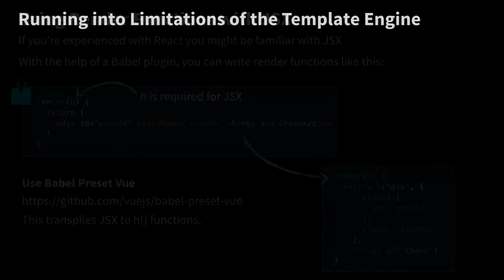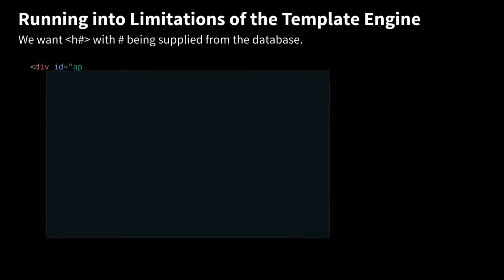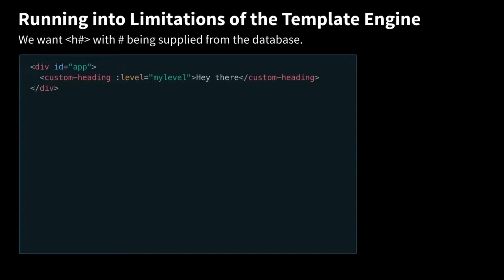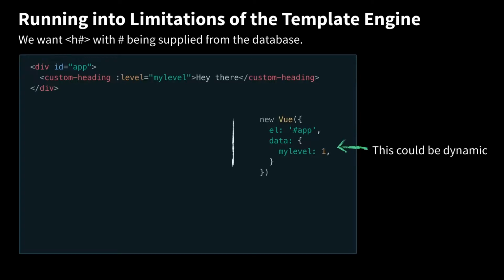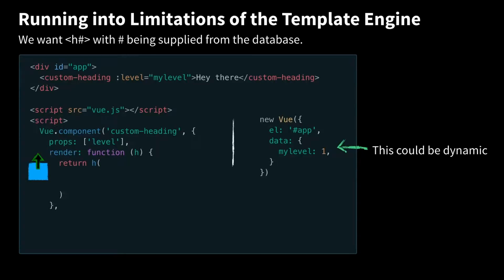It's useful to know render functions when you need to extend the functionality of Vue. For example, what if we wanted the header size to be supplied dynamically from the database? Maybe we have a directive called custom heading and we send in the header size. In our case, we'll just send it in from the root instance. This wouldn't be possible without a render function. So here you can see our render function.